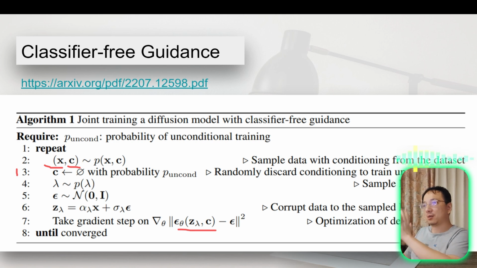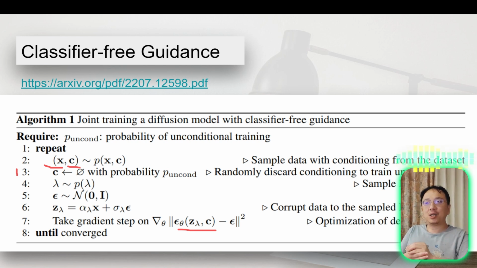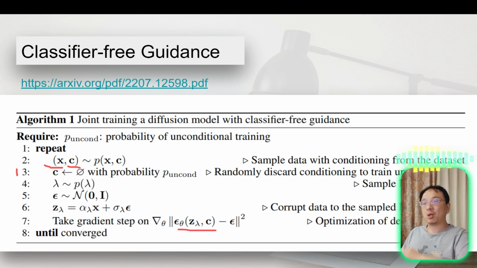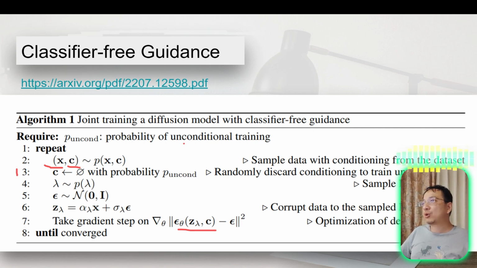We can do that, and later we'll see in the sampling process, we can use this conditional and unconditional probability estimation. However, in the standard and official implementation of classifier-free guidance, it uses an elegant way to use just one single model that can provide both the unconditional probability information and the conditional probability information.